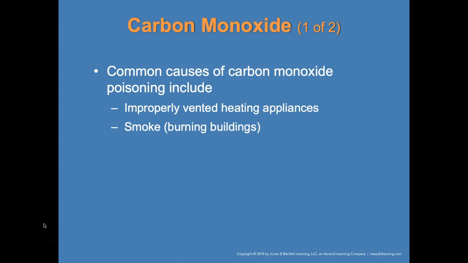So when carbon monoxide is in the air, it will take the place of that oxygen molecule 200 times more readily, which prevents the oxygen from being transported to the cells.